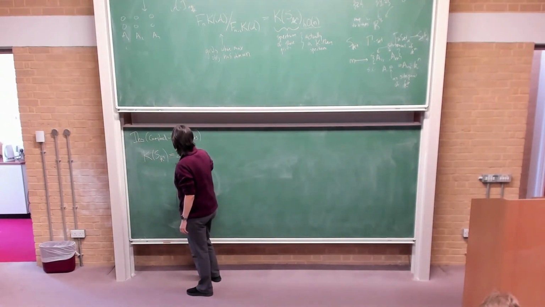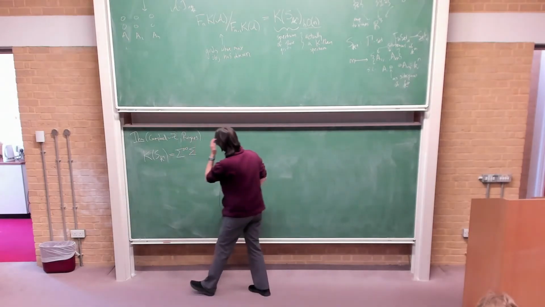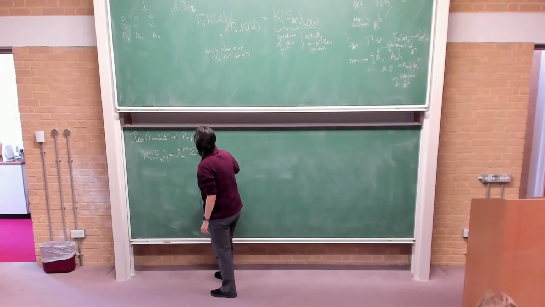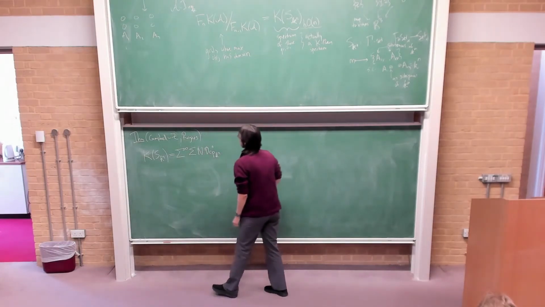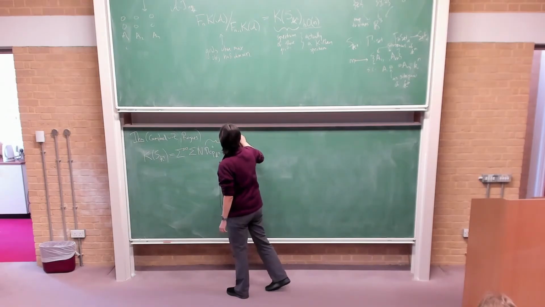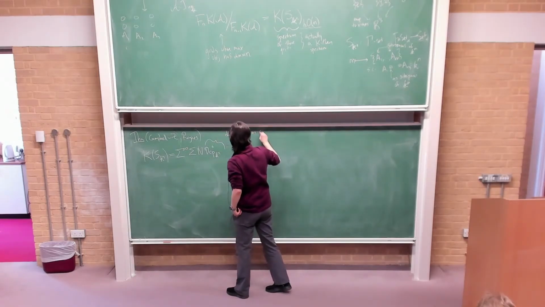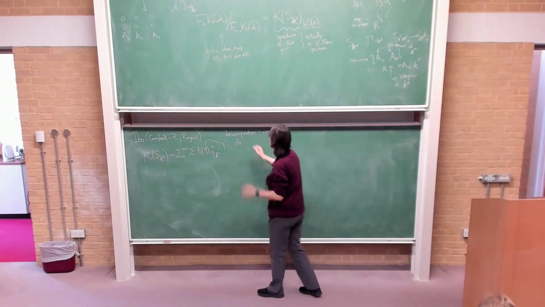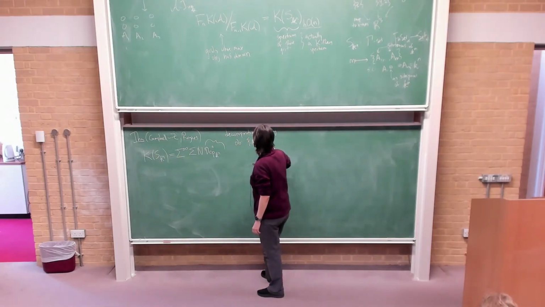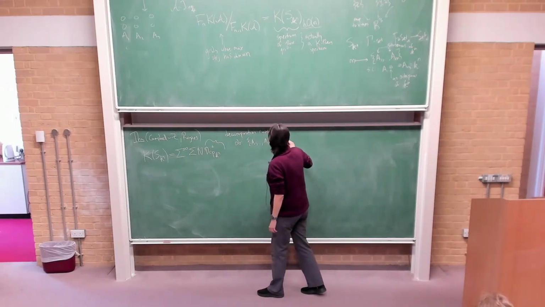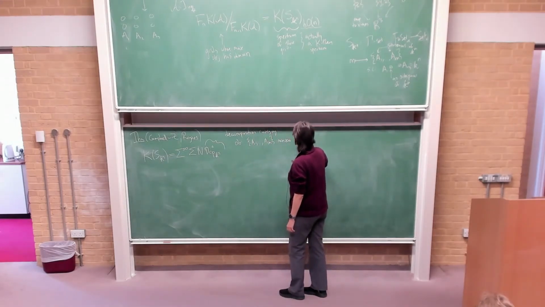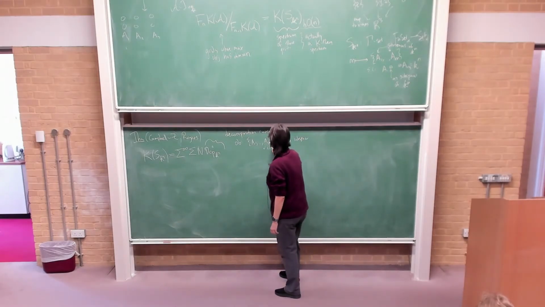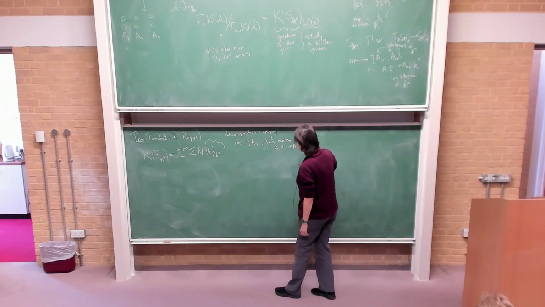This is the suspension spectrum of the suspension of the nerve of this category of decompositions. So this is the decomposition category, where the objects are sets A1 through AM of non-zero subspaces such that A1 plus through AM is k to the n.